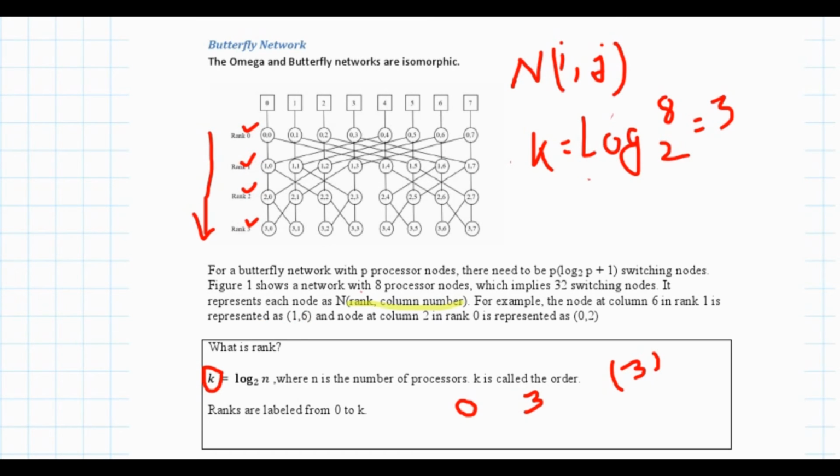That means n 1, 6 is your node at rank 1 and column 6. And in the same way, the node at column 2, this is your column 2, and rank 0 is represented as n 0, 2. Now we have been able to fabricate some kind of definition for the addresses of all the nodes in our butterfly network.